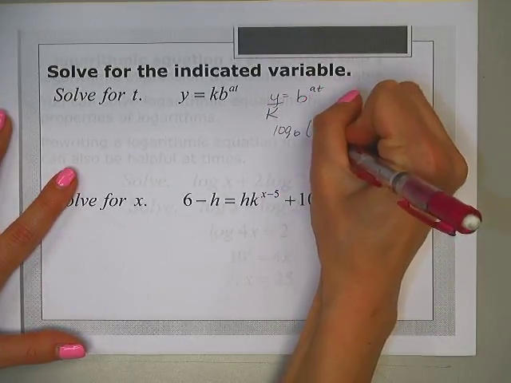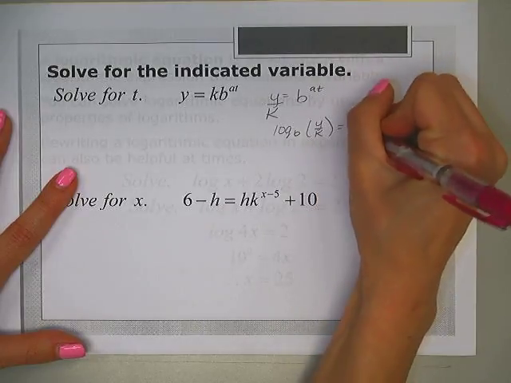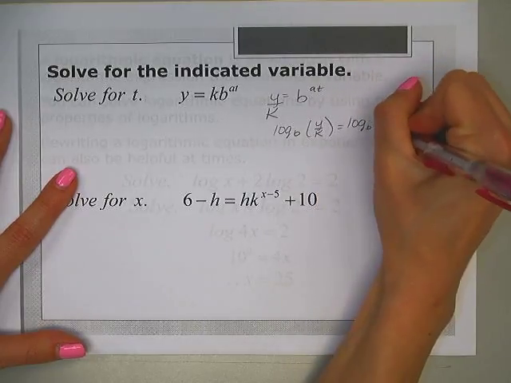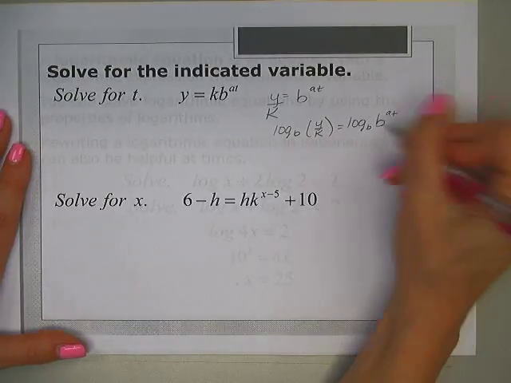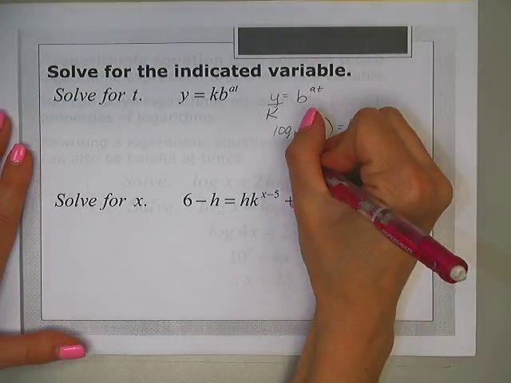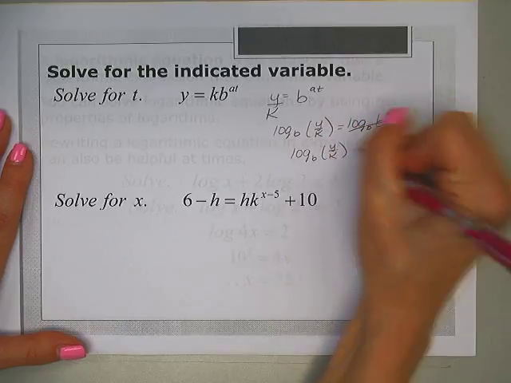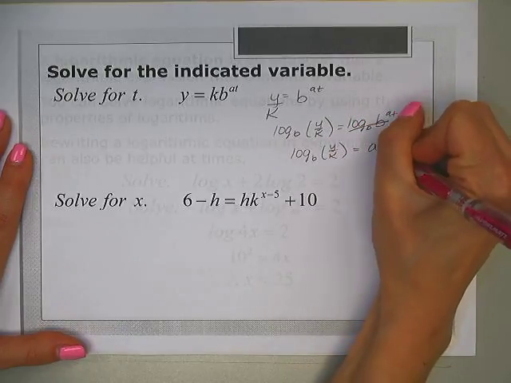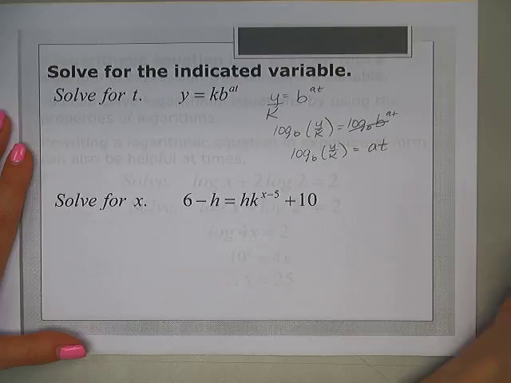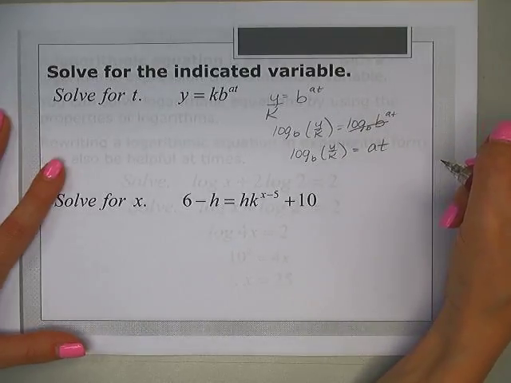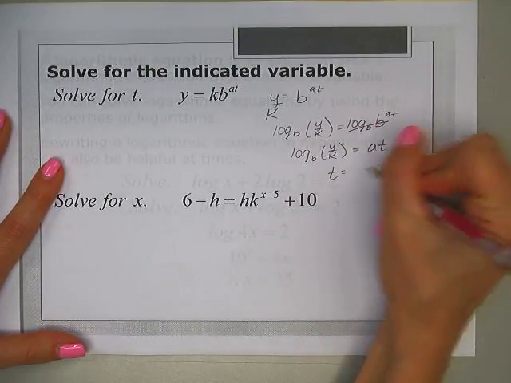Y over k equals b to the at. Then I'll apply a log to both sides. What base? B. So log base b of quantity y over k equals log base b of b to the at.